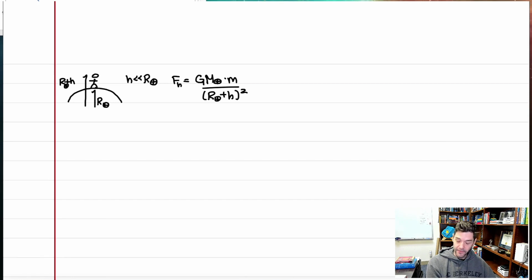And that's different from the force at my feet, where I would just plug in h equals 0. And you could then calculate that there is a difference between the two. But with a Taylor series approximation, I can actually come up with an expression for exactly what that difference is, in a form that is much easier to look at and reason out versus the difference of these two kind of mixed ratios.